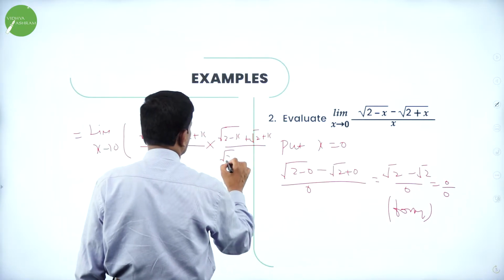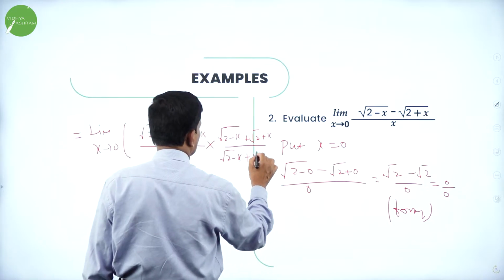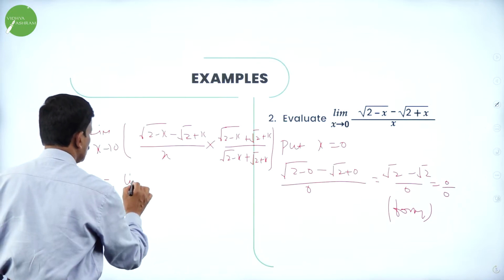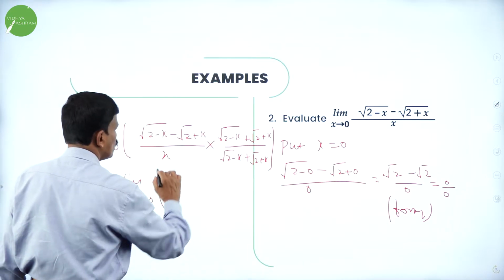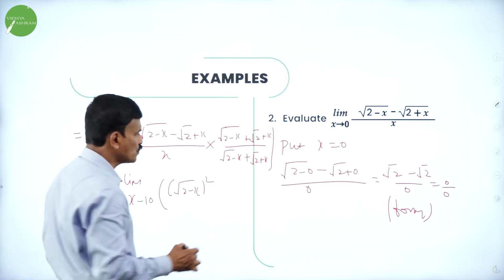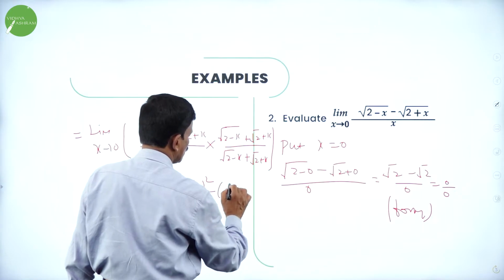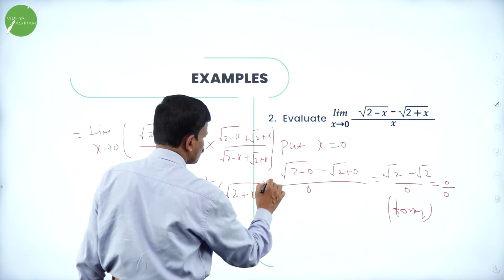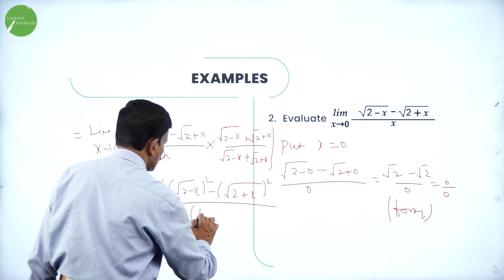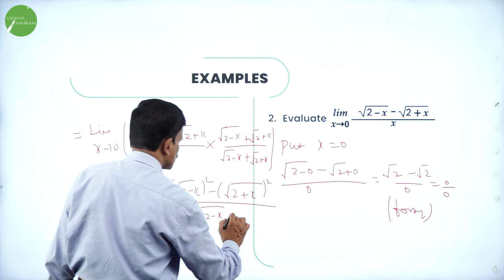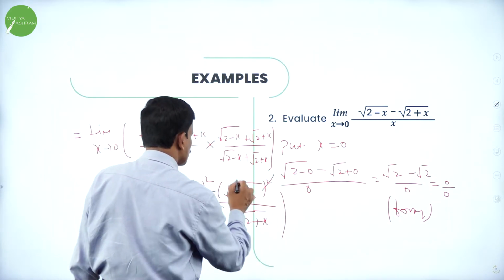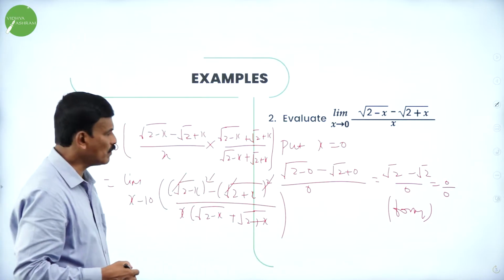So, rationalizing the numerator, this is equal to limit x tends to 0 of root of 2 minus x into root of 2 minus x is root of 2 minus x whole square, minus root of 2 plus x into root of 2 plus x is root of 2 plus x whole square. In the denominator, x into root of 2 minus x plus root of 2 plus x. Now, square root gets cancelled. Simplify, you will get the answer.